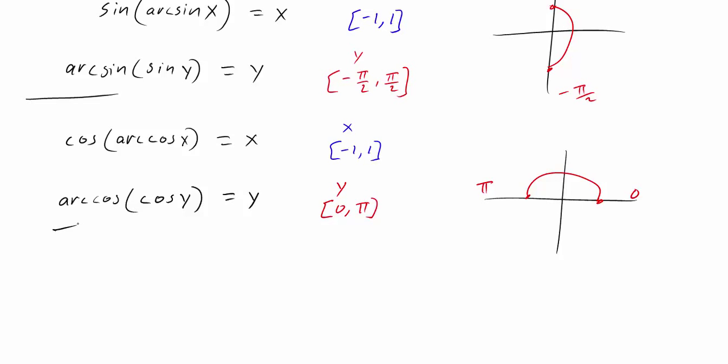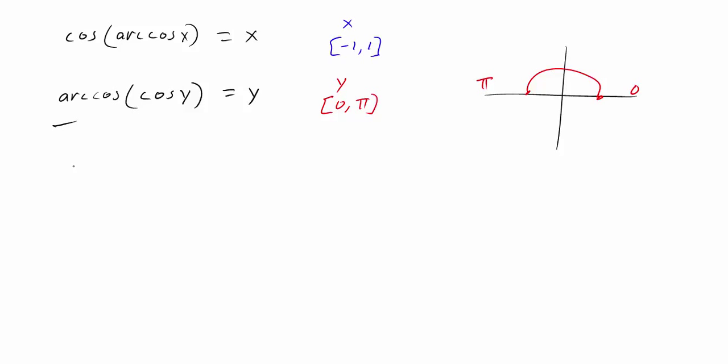And then last, we have our tangent. So that means here, if we were to take the tangent of the arc tangent of x, this would certainly be equal to x as long as our x value here, now this one's a little different because you have to remember the tangent function is different. That means here x could actually be any real number, so -infinity to +infinity.